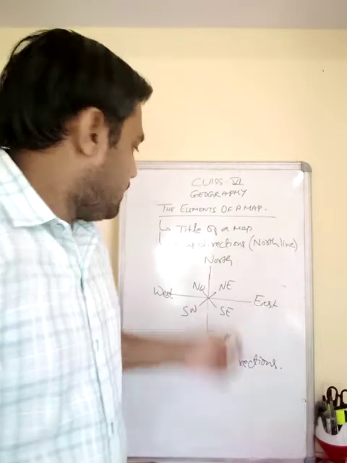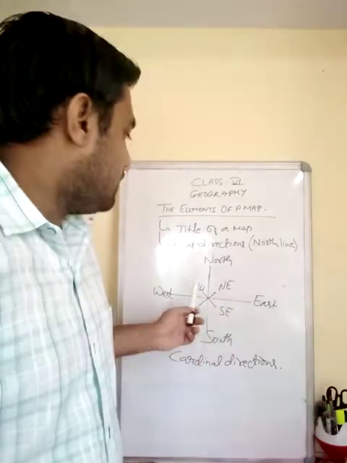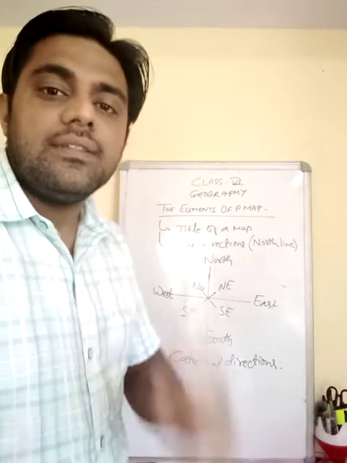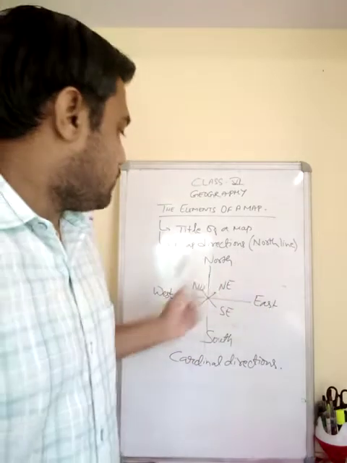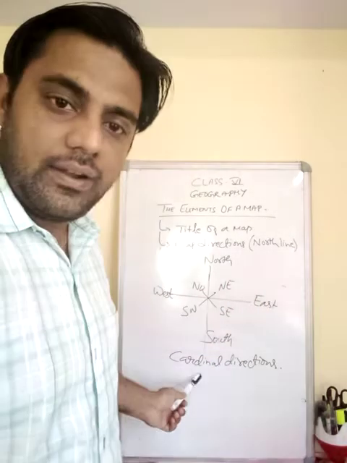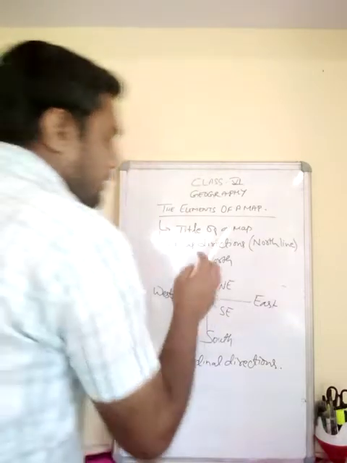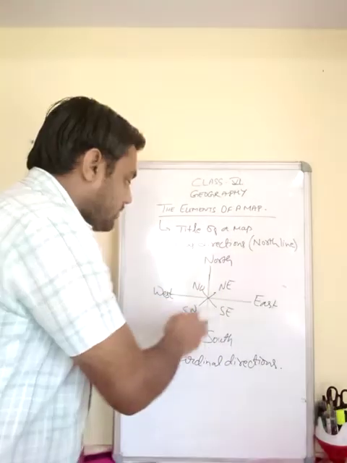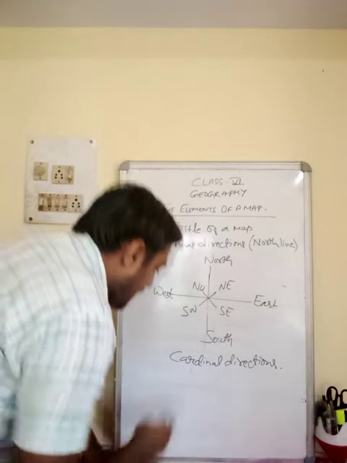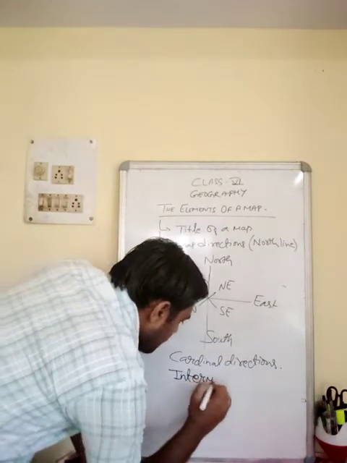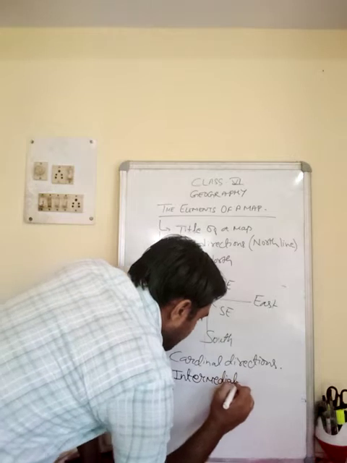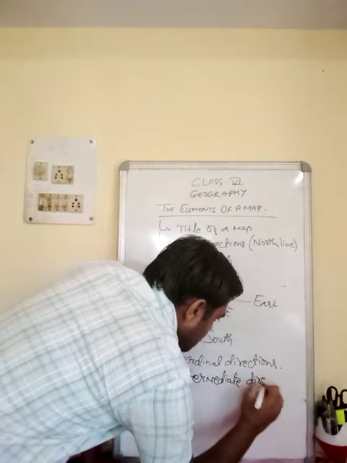These are known as intermediate directions. The four main directions east, west, north and south are known as cardinal directions, and the directions northeast, northwest, southeast and southwest are known as intermediate directions.